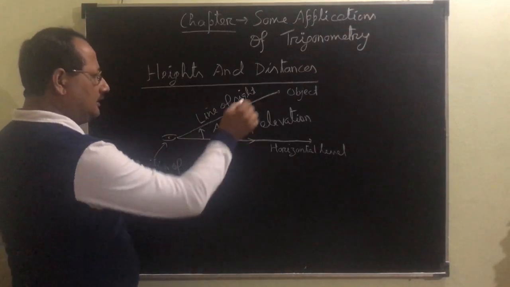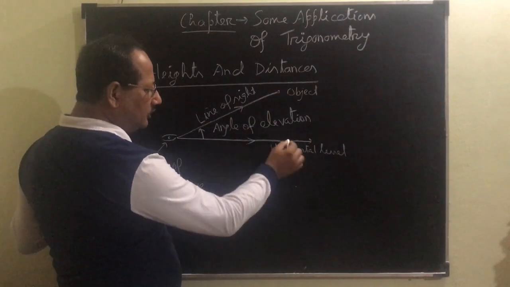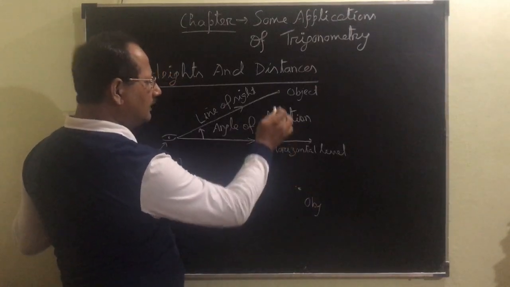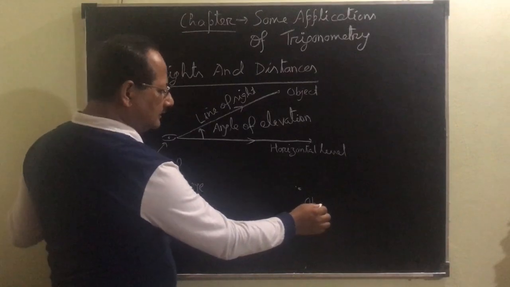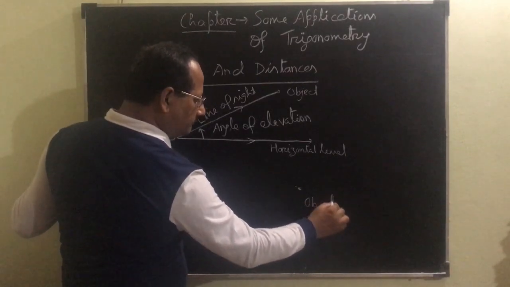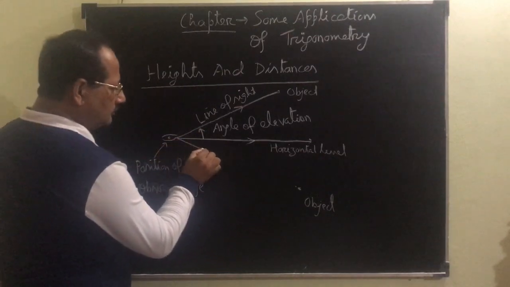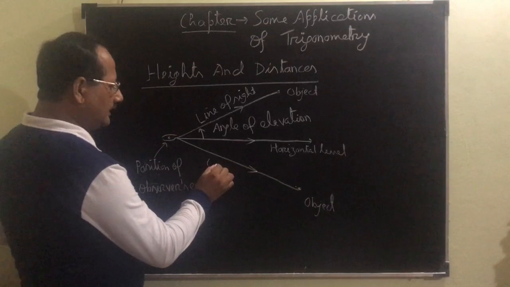Okay. Suppose this object is above the horizontal line level, and suppose this other object is below the horizontal level. So this is the direction of line of sight. This is also a line of sight.